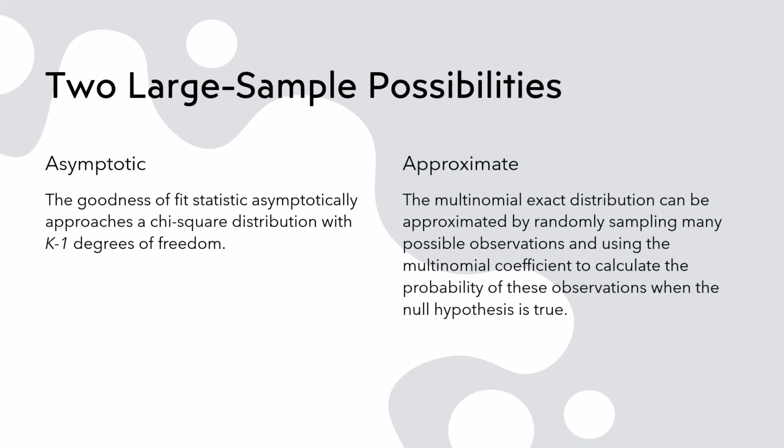The multinomial exact distribution can be approximated by randomly sampling many possible observations and using the multinomial coefficient to calculate the probability of these observations when the null hypothesis is true. As long as we sample a large enough number of possible combinations, we can get values that are very nearly exact values for this distribution.